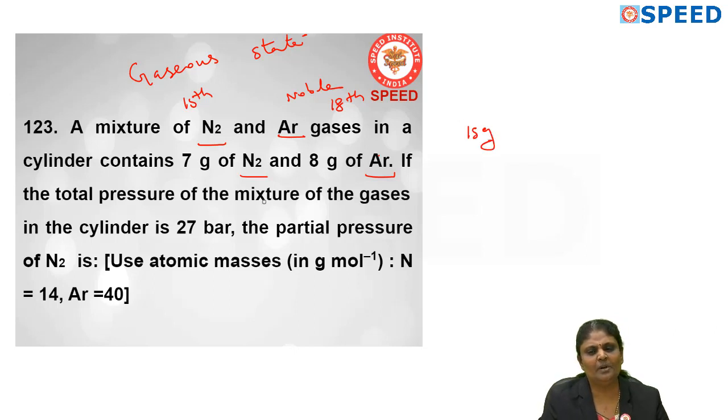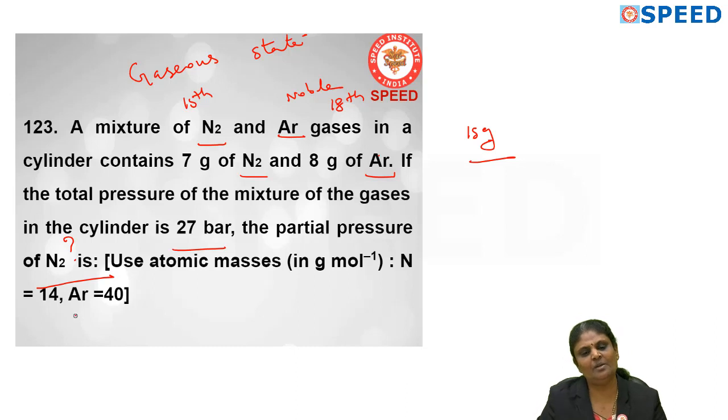If the total pressure of the mixture of these gases in the cylinder is 27 bar, the total pressure is 27 bar. Then you have to calculate the partial pressure of N2.